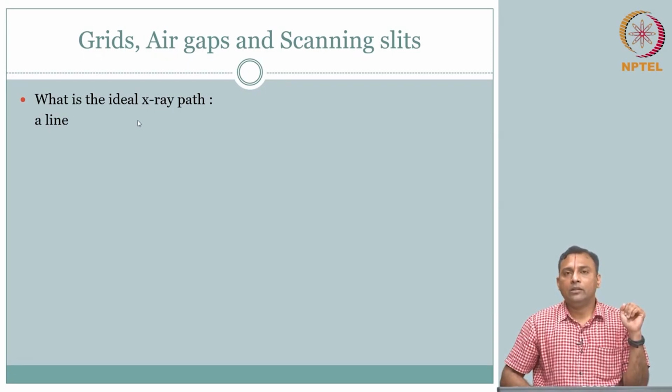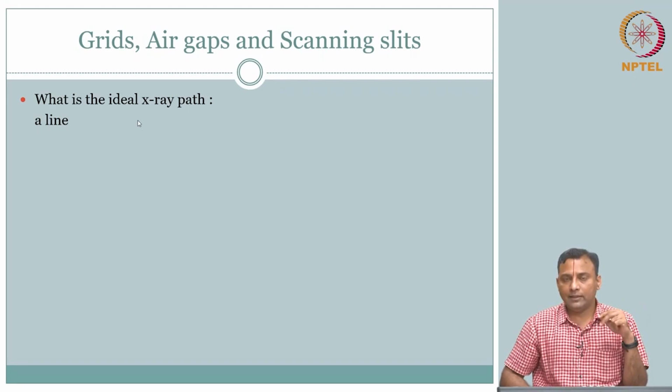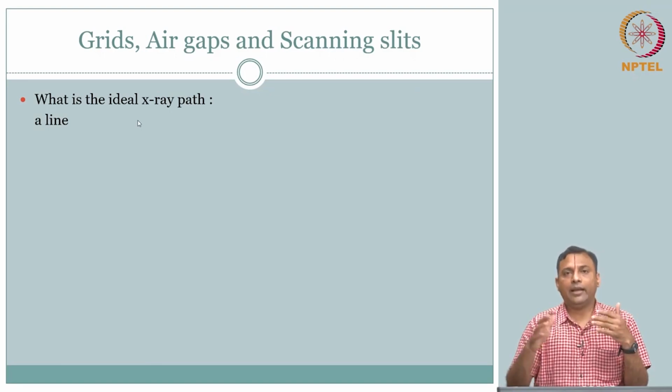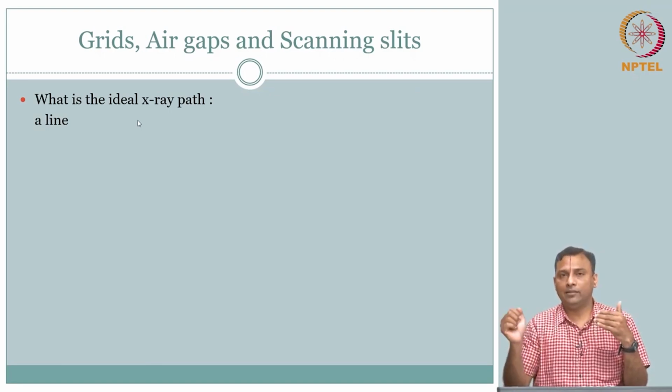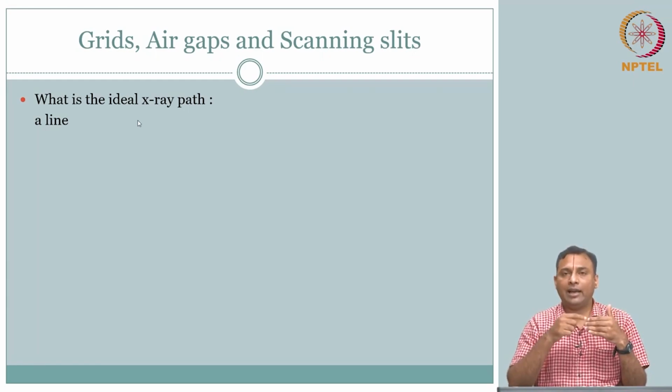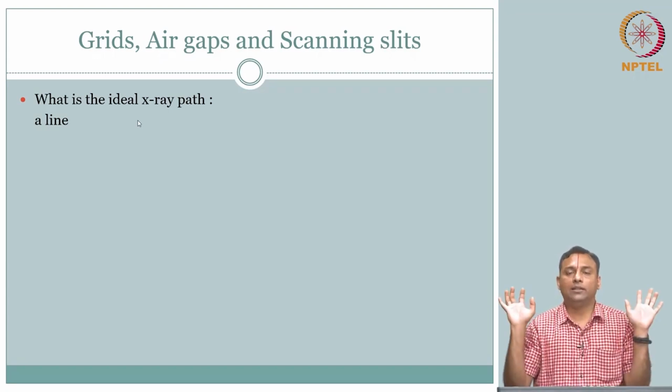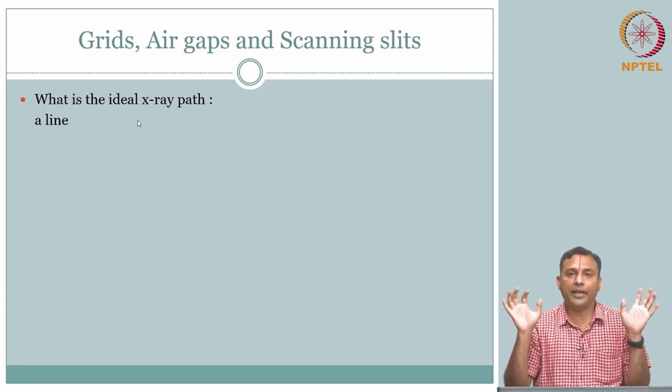Clear? So naturally you have to do two things. One is, if that is the case, I want to ensure that whatever came through scattering is not my signal. If it does not come along the line connecting the detector to the source, that is something that I want to avoid.